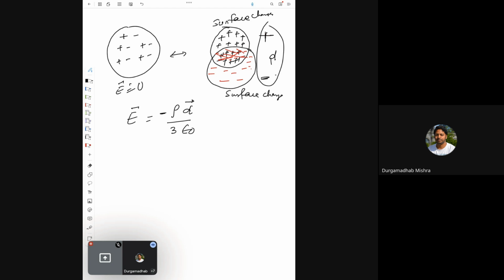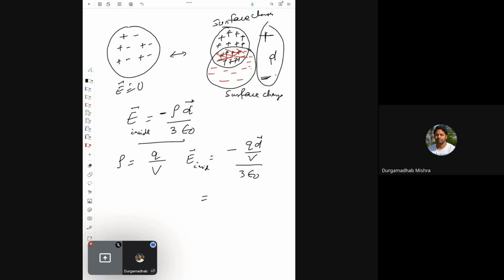Okay, like what we did for an atomic case, it's the same formula we are using. So this is inside, which is given by rho d divided by 3 epsilon naught. And what is rho? Rho is your charge by volume. This is the density. So E inside will be equal to minus Q d by V divided by 3 epsilon naught.